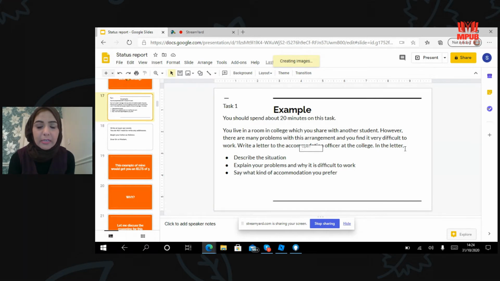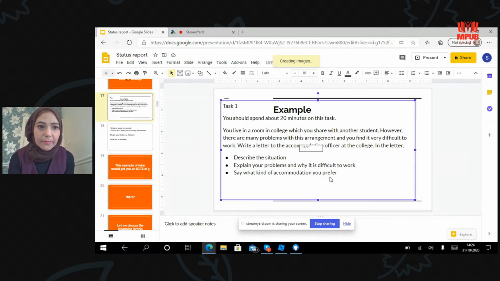As soon as we're writing a letter to the accommodation officer, we know straight away that this is a formal letter. There are the 3 criteria that they expect us to follow. In the first paragraph, describe the situation. In the second paragraph, explain your problems and why it is difficult to work. And thirdly, say what kind of accommodation you prefer.